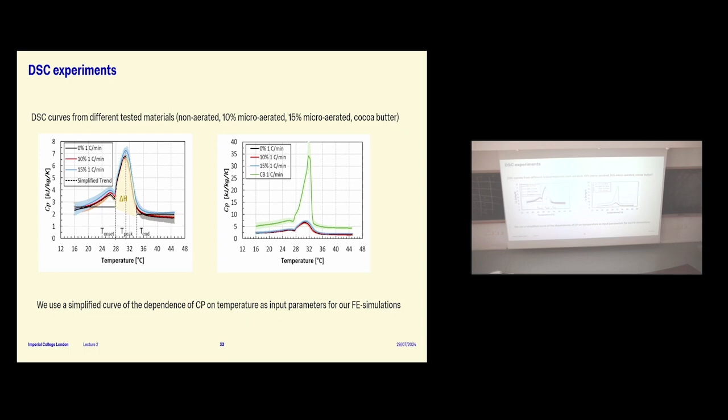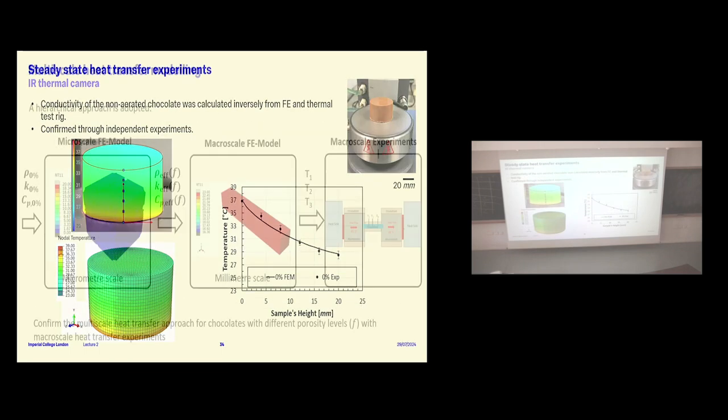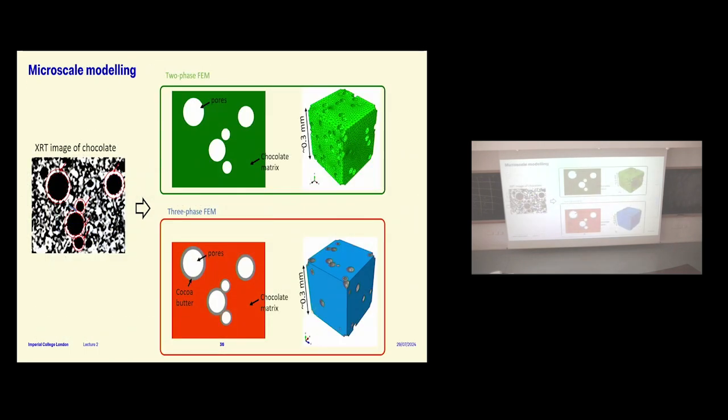So if there is indeed such a ring here of concentrated cocoa butter, it could lead to an insulating material, right? So we did 2 types of models. 2-phase is just the pores in the chocolate matrix. And then the 3-phase is one where we put the ring of cocoa butter around the pores. So I'll show you both of those 2 results.